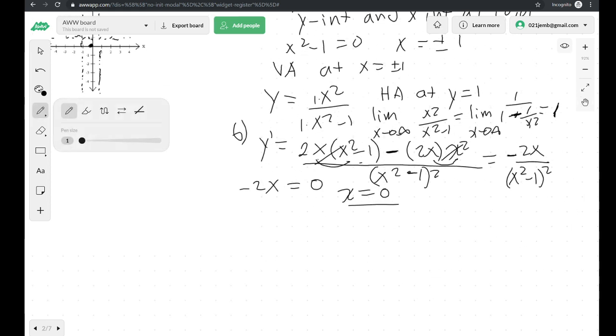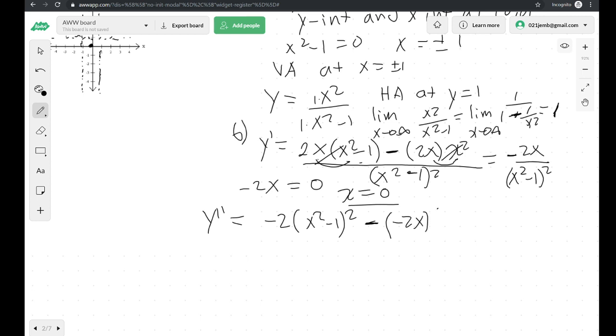Let's see. The second derivative test is essentially taking the second derivative of this function. We found the first derivative, so let's take the second derivative. So we're going to get the following. y double prime is equal to the derivative of the top again. So we're going to use quotient rule and chain rule. So that's going to be negative 2 times x squared minus 1 squared, and then minus the top, which is negative 2x, times the derivative of the bottom, and here we use chain rule.